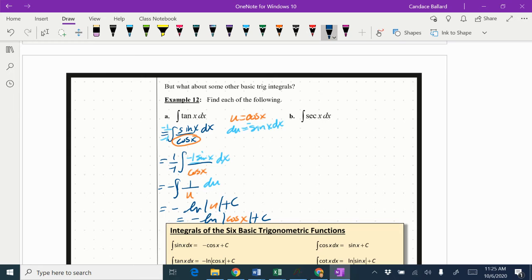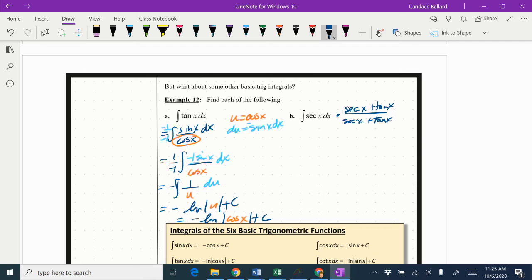Okay, so I'm going to multiply by something really weird. I'm going to multiply by a 1, but it's going to be a really weird looking 1. I'm going to multiply by secant x plus tangent x over secant x plus tangent x, which is just a weird looking 1. Okay.